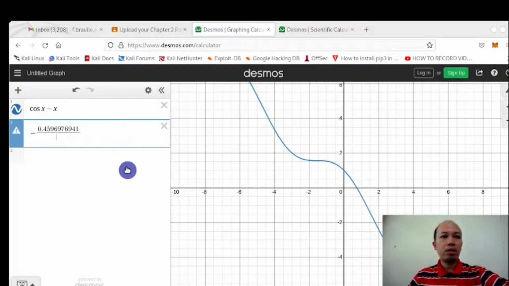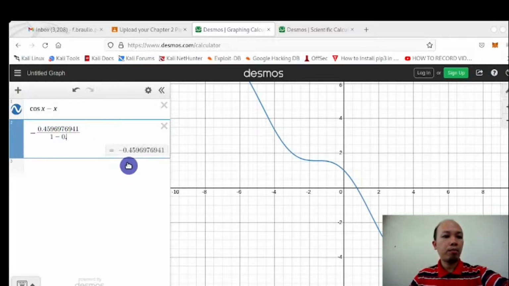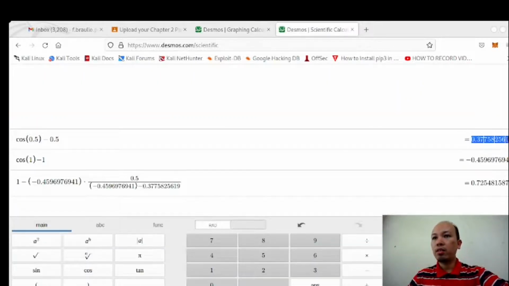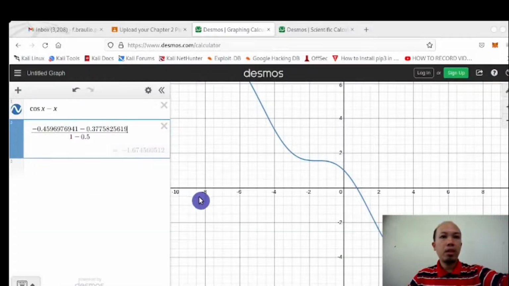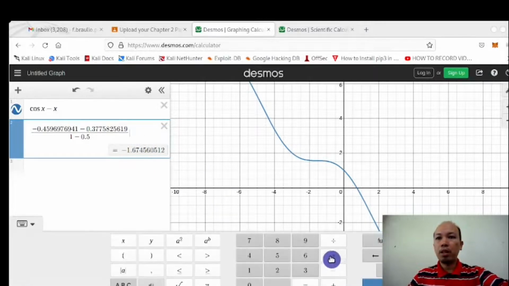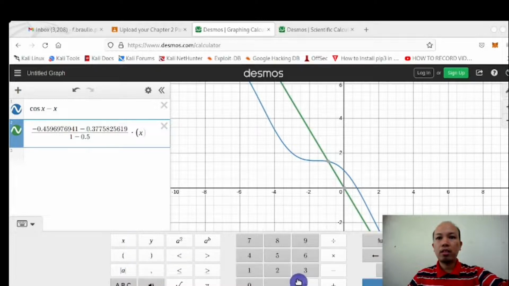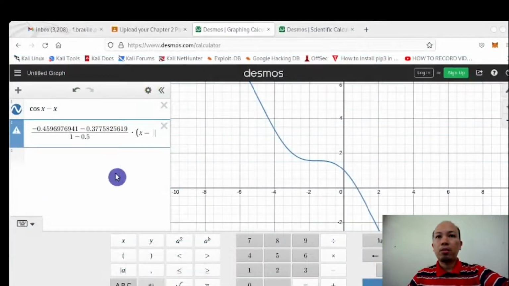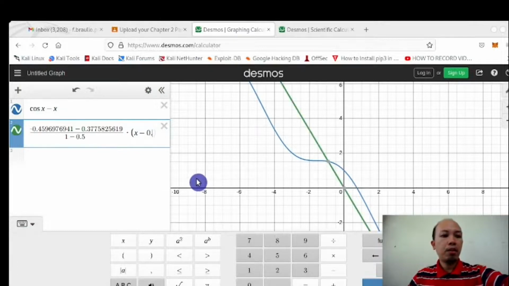Let's put over first, 1 minus 0.5, and then in the numerator we have negative here, and then 0.377, paste, and then we multiply by the quantity x minus 0.5.